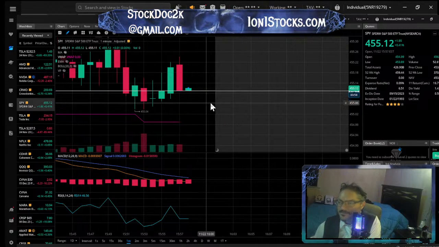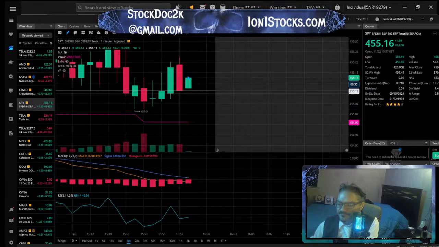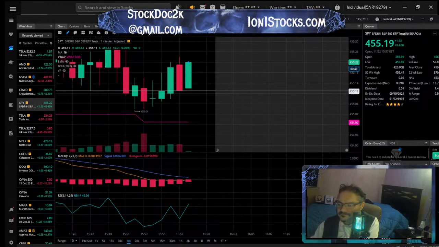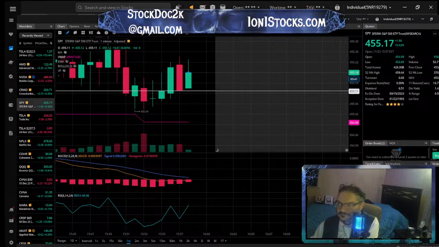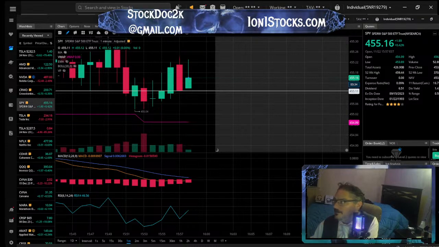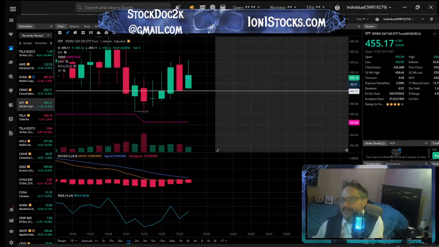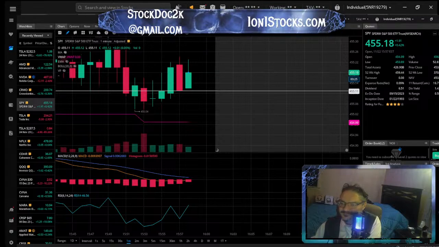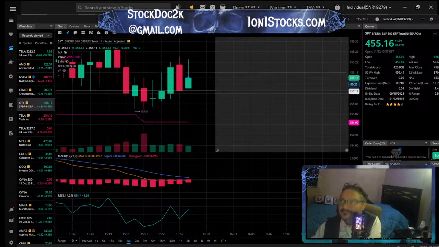It's just all that energy building up. Man, I'm getting a little tired of staring at the same green and red bars. It's really like it's frozen. It's crazy.